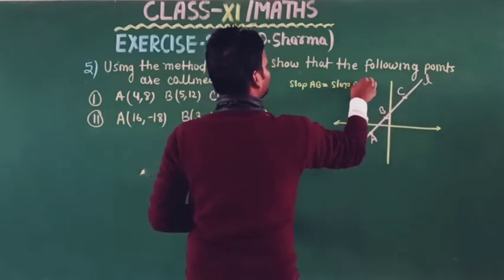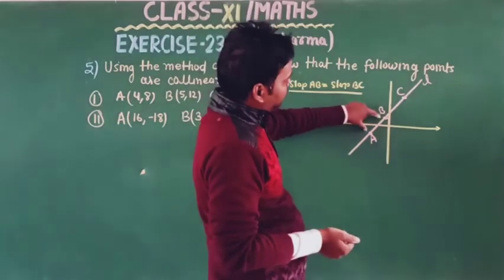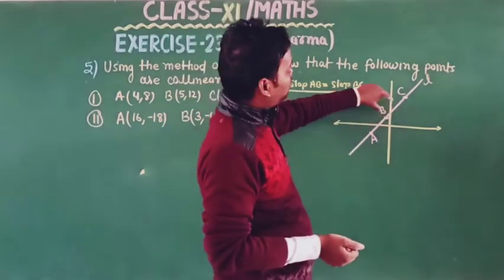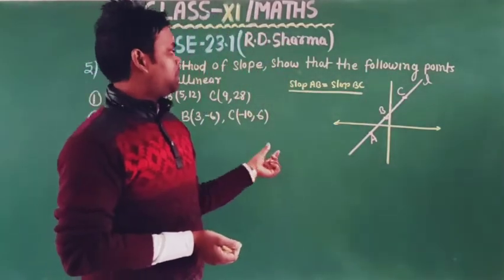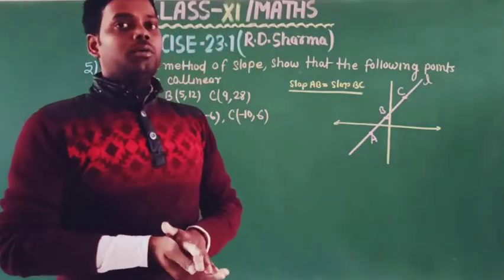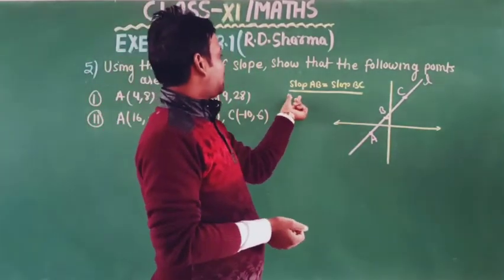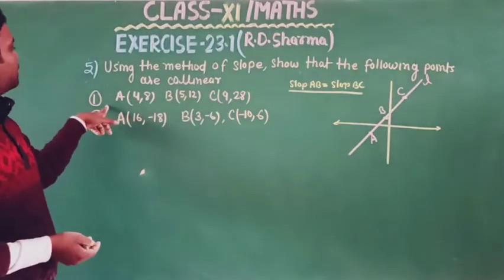If the slope of AB is equal to the slope of BC, then we can say these given 3 points are collinear. So by using the method of slope, we have to show the first part.